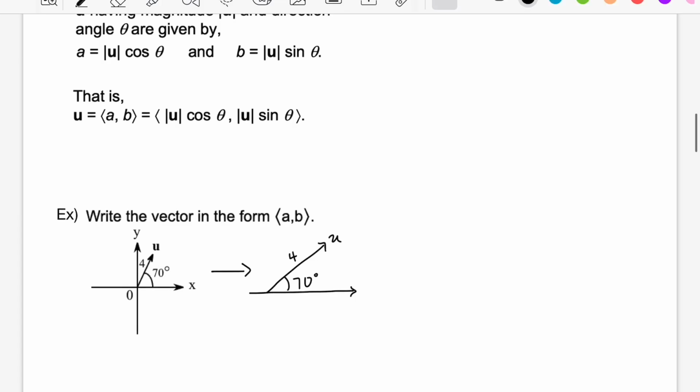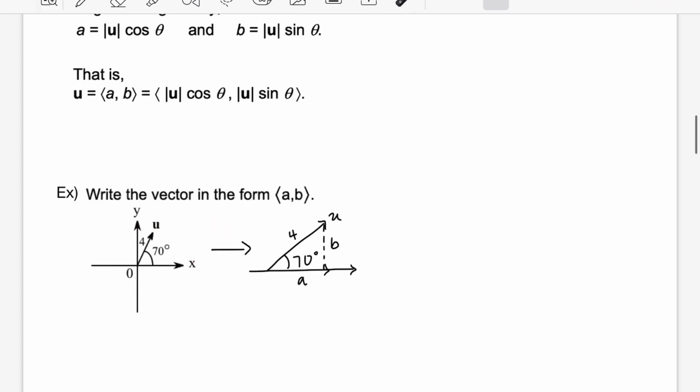Now remember, our a component is going to be our horizontal component, and then b is going to be our vertical component here. So that's how we can think of what's going on here. Now in this case, if we want to write our vector in this form, we can just use this guy here.